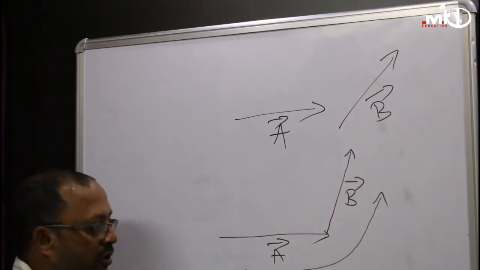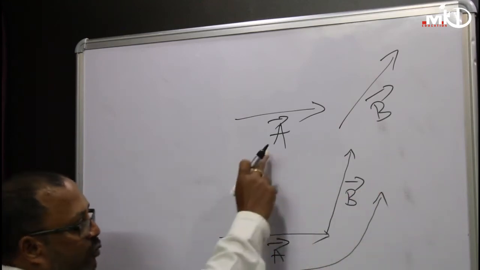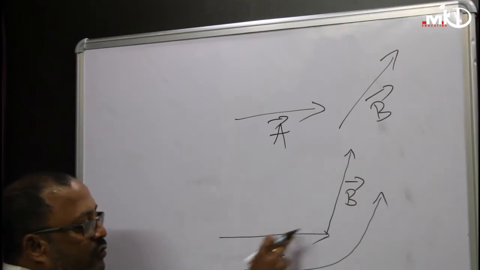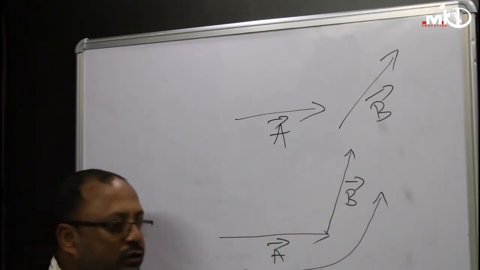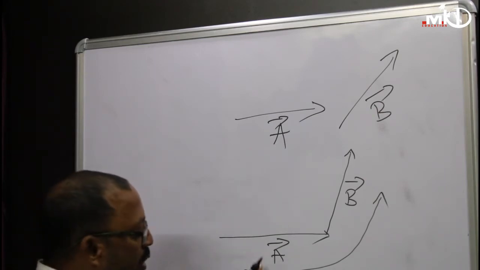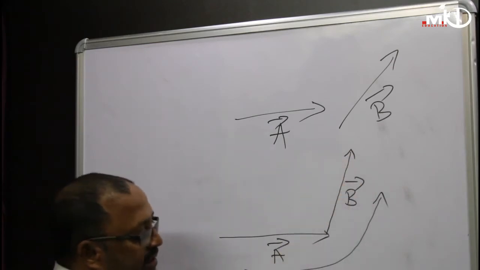That is the same order, A vector and B vector. Whether you understood the meaning of order or not, order means I am going in the same way. This arrow mark indicates the same way.